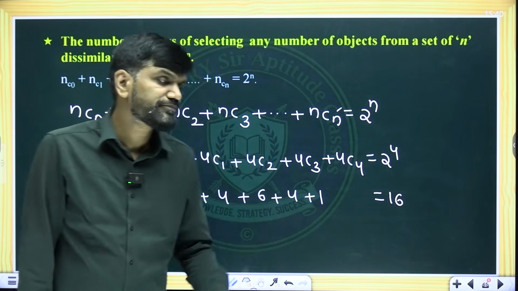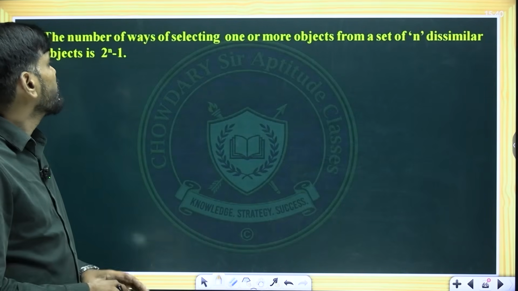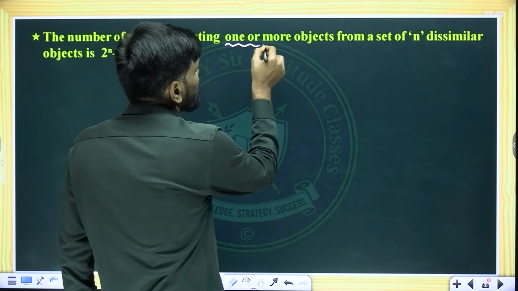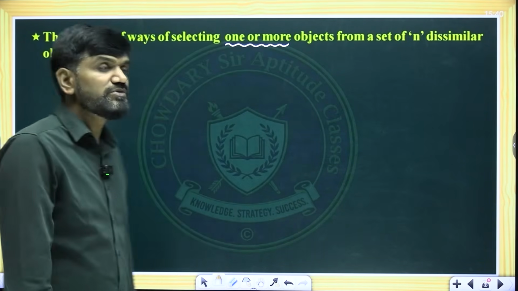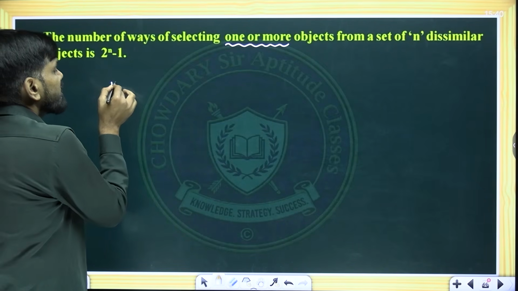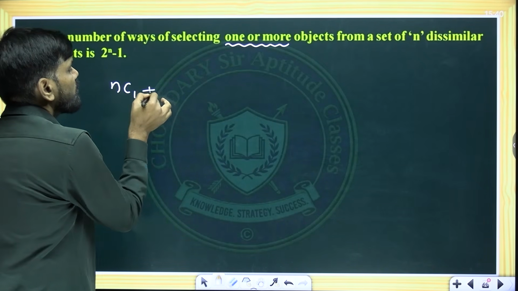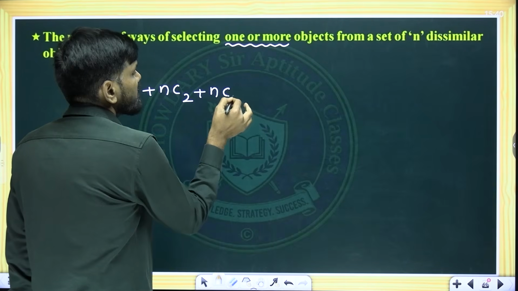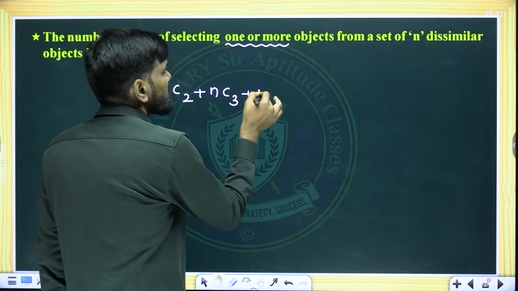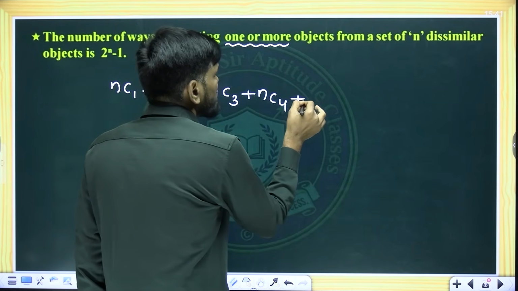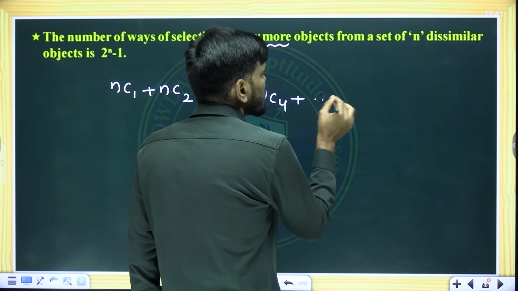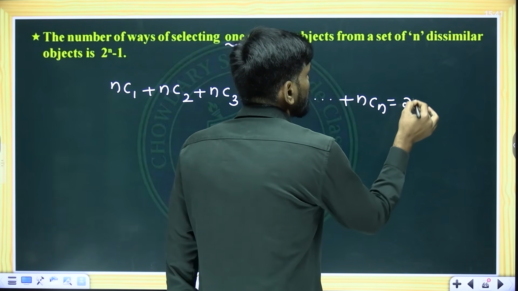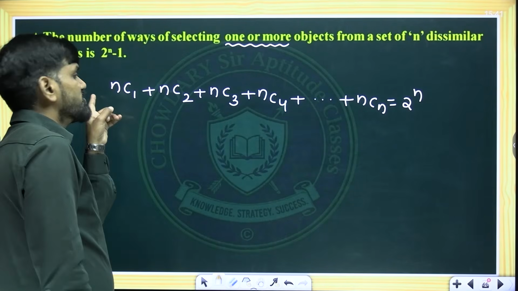That's a direct formula. Now going ahead with the number of ways of selecting 1 or more objects. When they say any number, it is 2 power n. When they say 1 or more, you are only considering selecting either 1 or more. So NC1 plus NC2 plus NC3 plus NC4 plus and so on up to NCn is equal to 2 power n, provided I am having NC0 here.